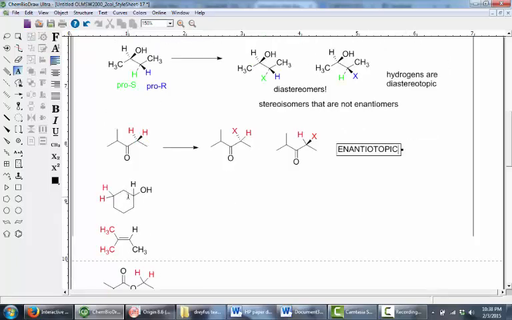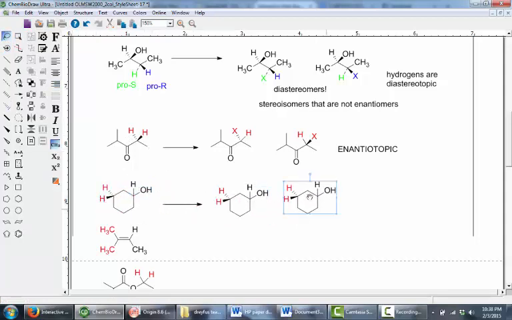Now if I look at this molecule here, I'm going to go through the same exercise again, and here we're going to put some chirality into the system as well. I replace each one with an X sequentially, and then ask myself, what do these molecules look like?